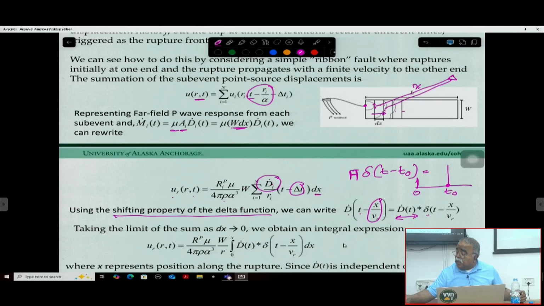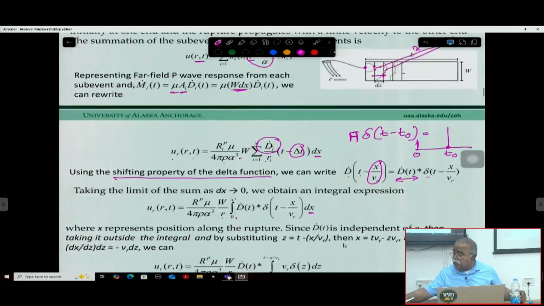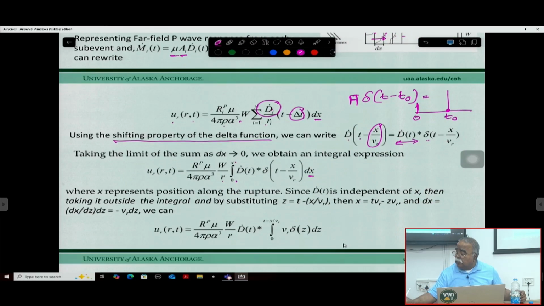So you can put these things, R theta phi mu into 4 pi alpha cubed and then the number W, and then give the R outside, and then this D dot into t, we can write this will be equal to from 0 to x. X means up to which this rupture took place. You can do this expression.